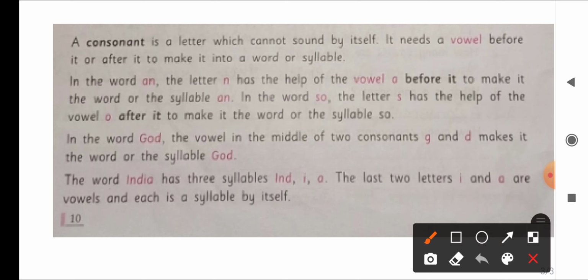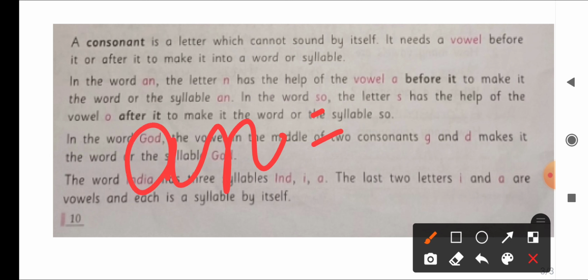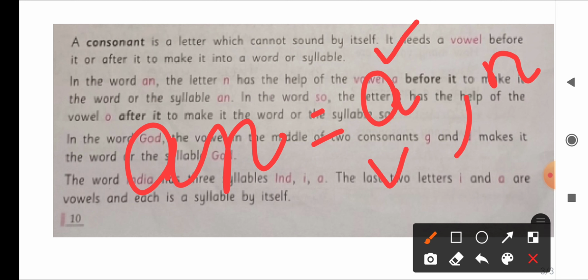When we talk about an, it comprises two letters, that is A and N. So A is a vowel. Okay, A is a vowel and N is a consonant, isn't it? So to make an, we needed the letter A, a vowel, before the consonant.